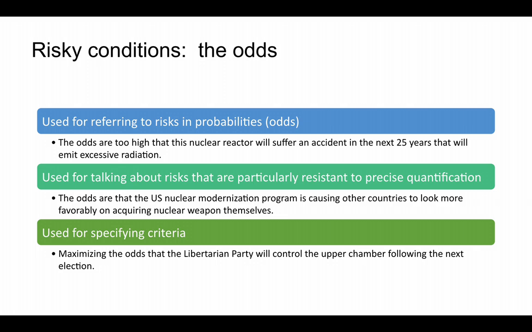Maximizing the odds that the Libertarian Party will control the upper chamber following the next election. Now, this is the odds, but used for specifying the criteria. So you probably can sense by now, when we are talking about problem definition or identifying a problem, you need to be as specific as possible.